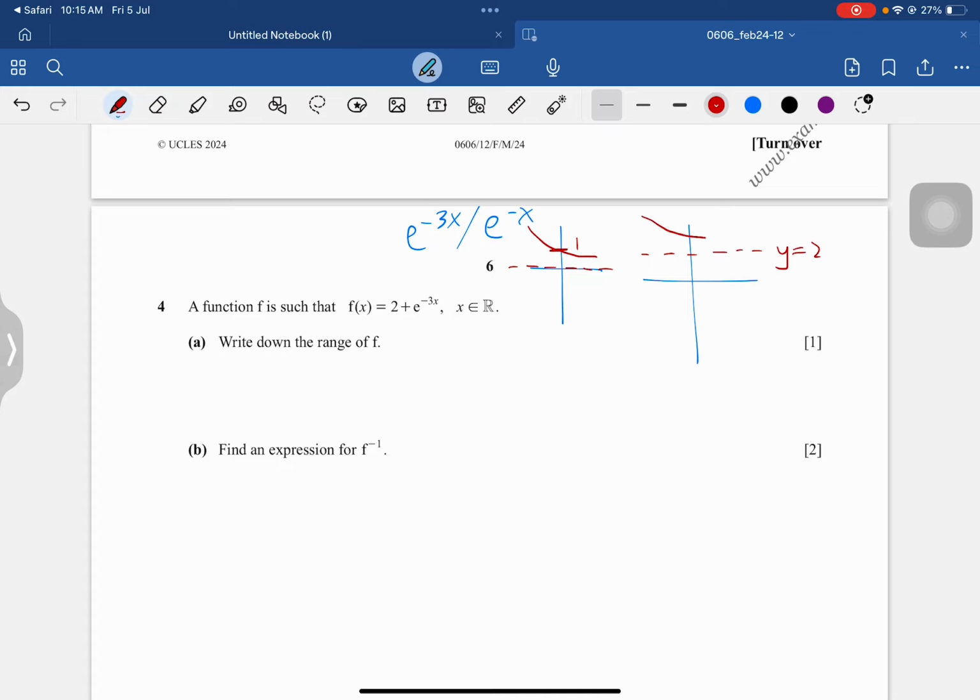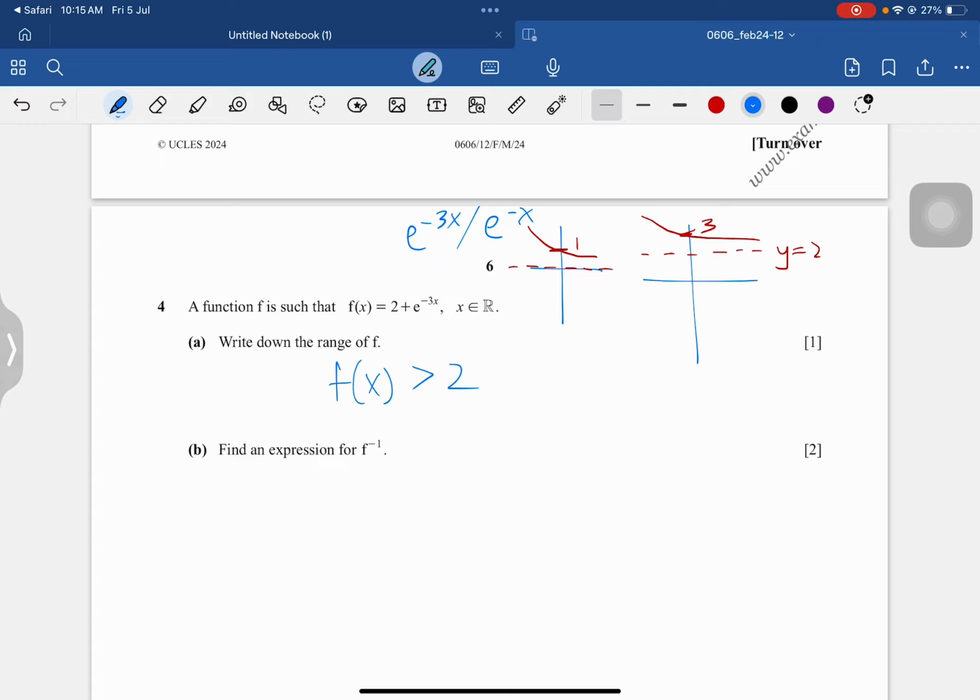Your graph is going to be like this. 1 plus 2 here is going to be 3, the y-intercept. So, the range of f. Since your x belongs to real numbers, your range is going to be more than 2.